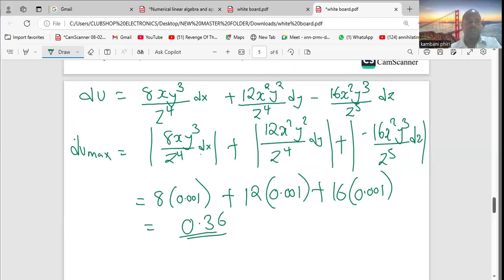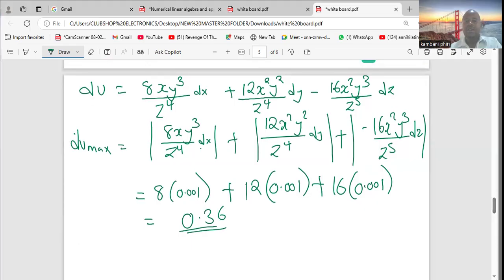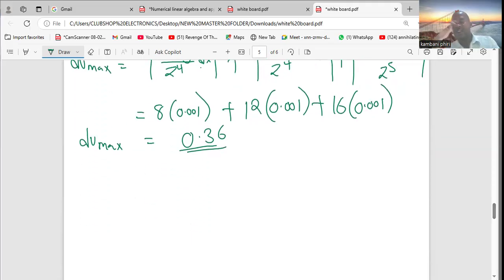Now, this one that we found is the absolute error. So du max is going to help us, in short, to find the relative error. Okay, it's not the final relative error, because from the relative maximum error, we can determine the percentage maximum error.